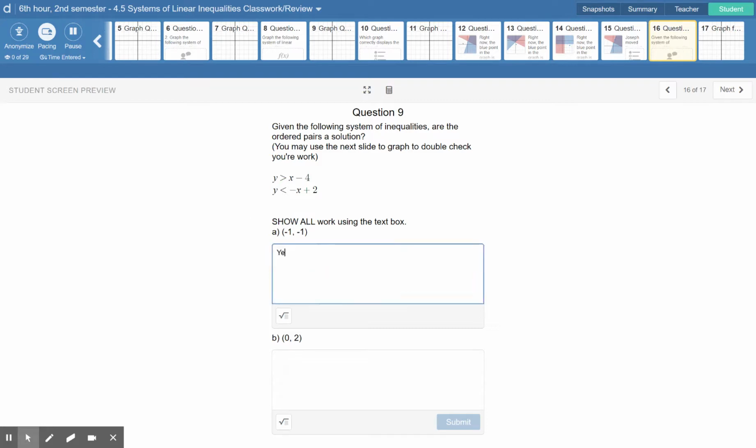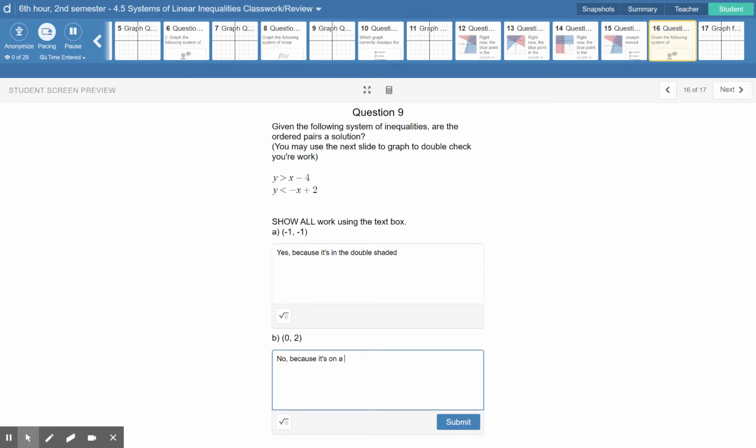So yes, because it's in the double shaded, and then no, because it's on a dotted line touching the double shaded. So something along those lines, and you can show your work by doing two trues.